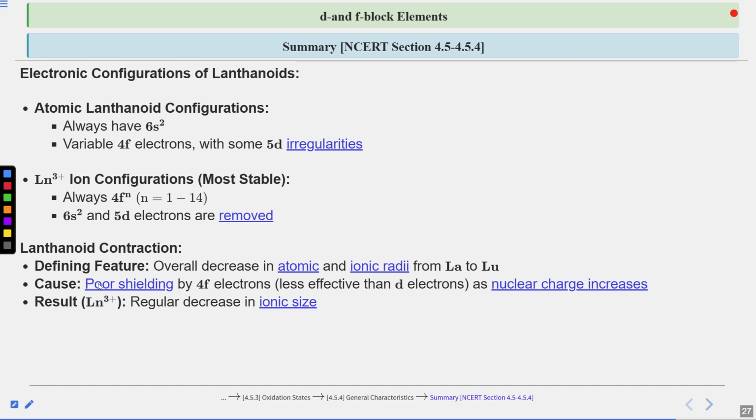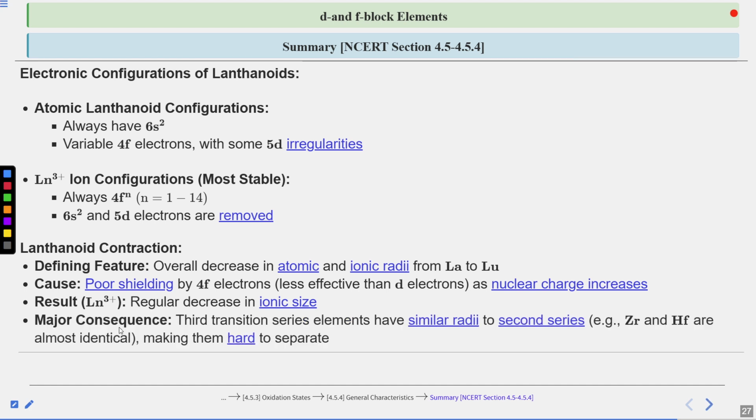The result is tripositive ion formation, and they also show a regular decrease in ionic size. The major consequence is that third transition series elements have similar radii to the second series, for example zirconium and hafnium. They are almost identical, making them hard to separate, and they exist together in nature due to this.